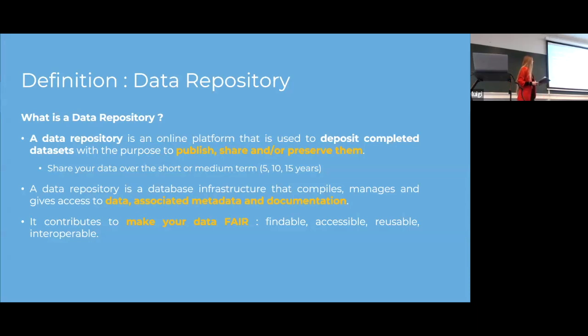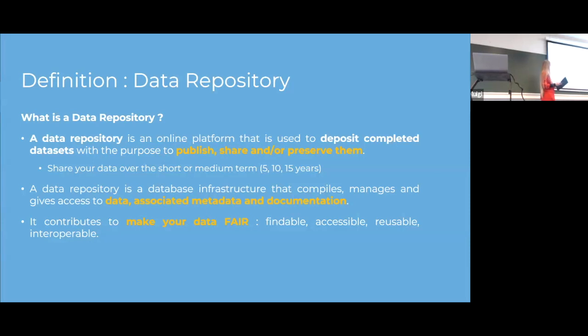So a data repository is a database infrastructure that compiles, manages, and gives access to several elements, of course data, but also associated metadata and documentation. Metadata is very important in order to make your data findable, the F in the FAIR principles.